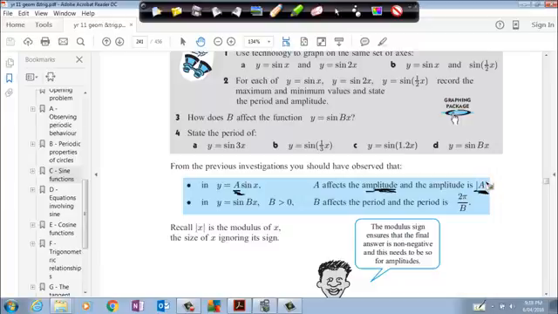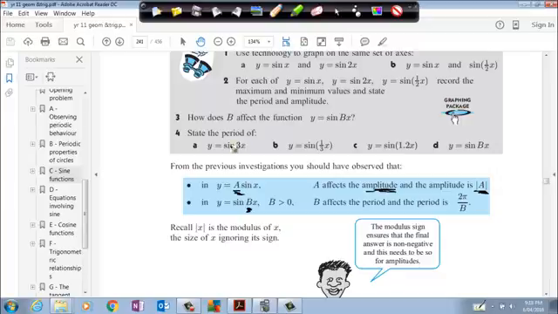Those lines there are the modulus, or the positive version. So if it's minus 3, then the amplitude's 3. For y equals sine bx, whatever that number is, the period is 2 pi divided by that number.